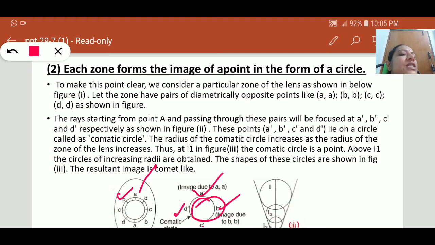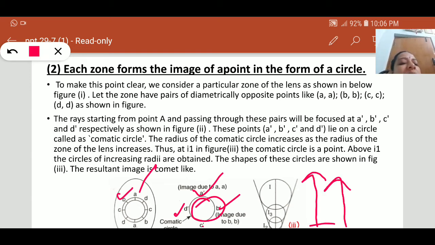The radius of this comatic circle increases as the radius of the zone of the lens also increases. So the radius of these comatic circles gradually increases.